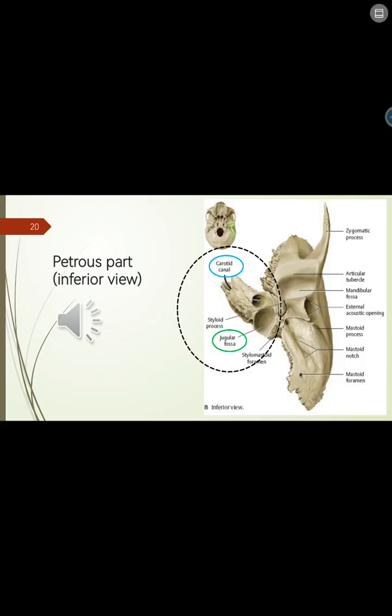Near the apex, we can see a quadrilateral area that is the place of attachment of some muscles. Behind this region is the large and circular opening of the carotid canal. I show you in a blue circle and arrow that transmit it.